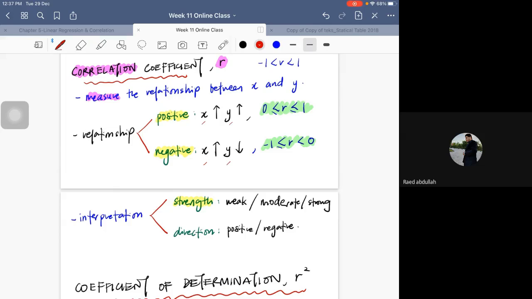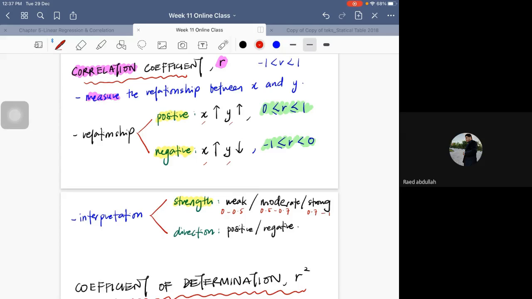If you get a value between 0 and 0.5, or -0.5 and 0, that is considered a weak relationship. If you have a value between 0.5 and 0.7, that is moderate. And if you have a value from 0.7 to 1, that is a strong relationship between x and y.